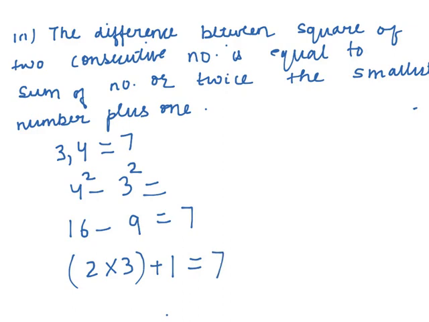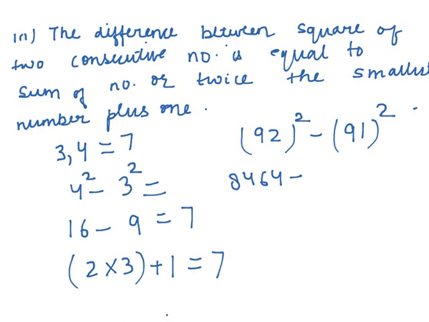Let's understand it with one more example, with the two numbers 92 and 91. It means 92 squared minus 91 squared should be equal to the sum of 92 and 91. 92 squared is 8464 and 91 squared is 8281, and their difference is 183.